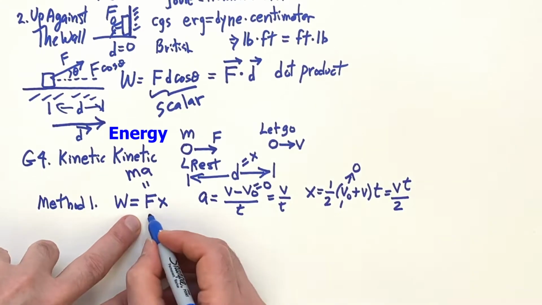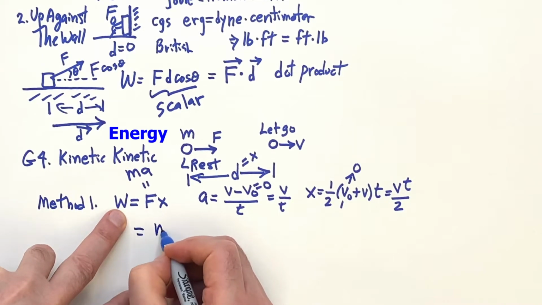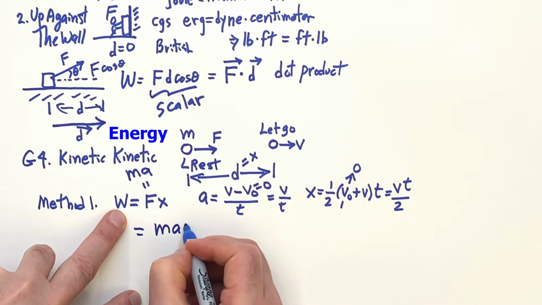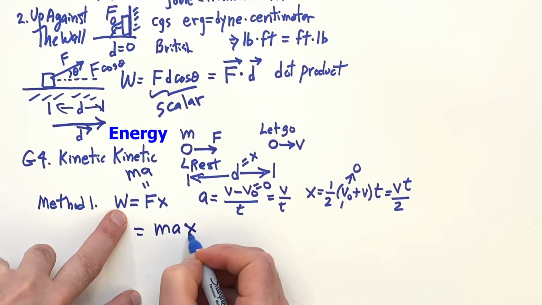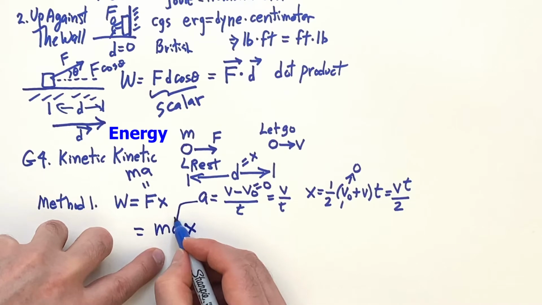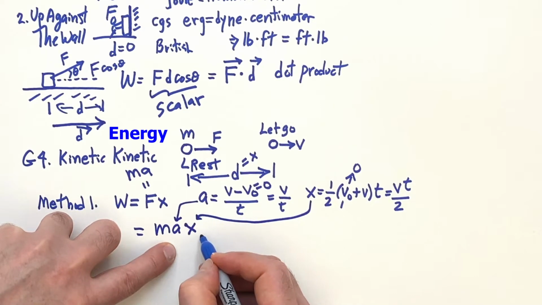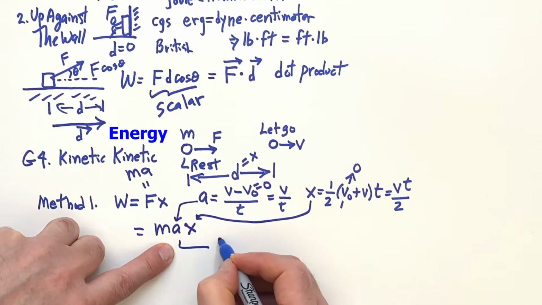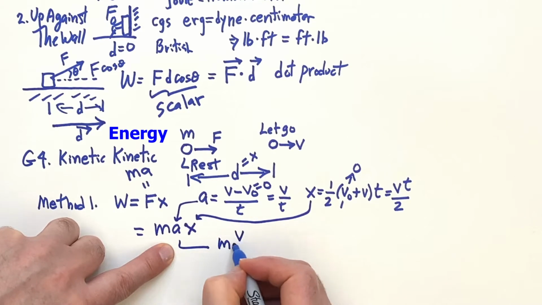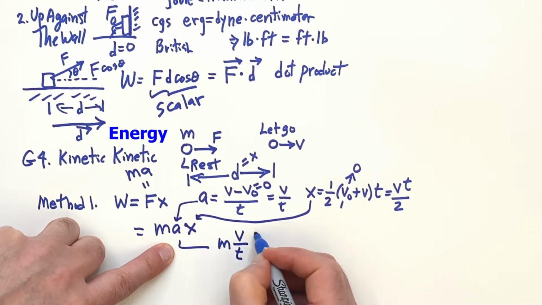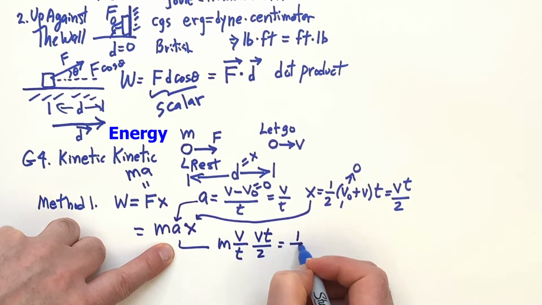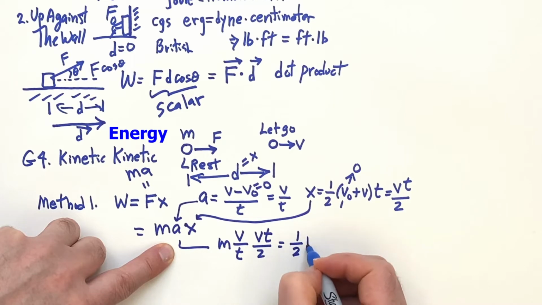So what we're going to do here is write this as ma x, put the a in for the a, and put the x in here. And when we do that, we will get m times v over t times vt over 2, and the t's cancel, that's 1/2 mv squared.